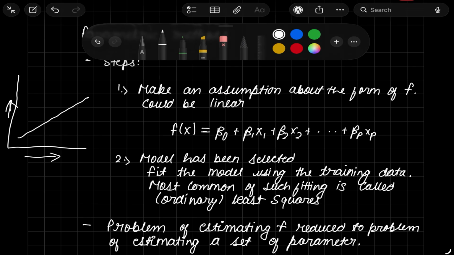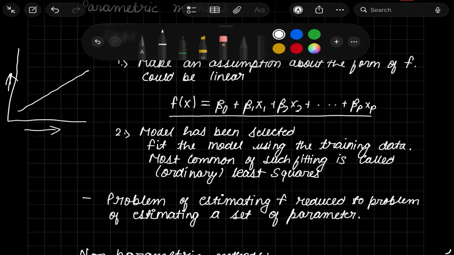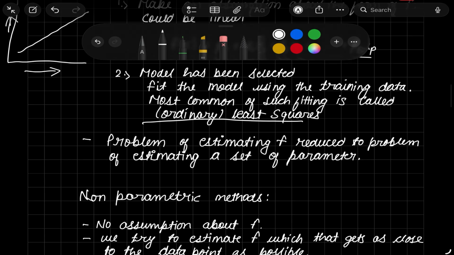Inside f, we create this formula, this equation, and we reach a conclusion from it. The model selected is linear, and we fit the model using the training data. The most common method is called ordinary least squares. Now the problem of estimating f is reduced to the problem of estimating a set of parameters.